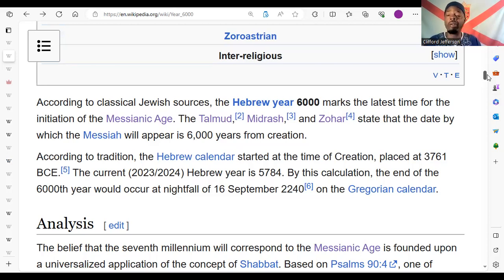Because we know the Berber calendar is perpetual. It's been perpetual forever. And we understand it deals with, as we said, the Messianic age, the return of the Messiah.